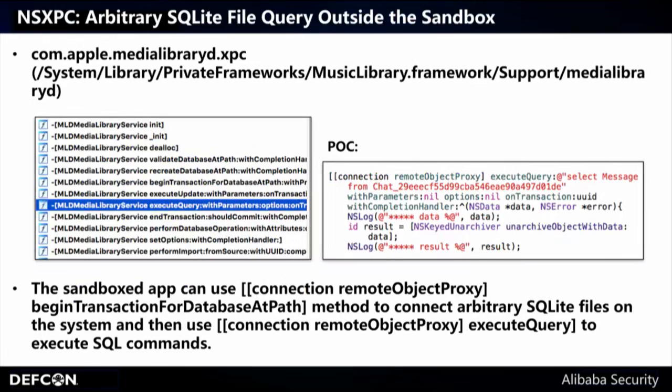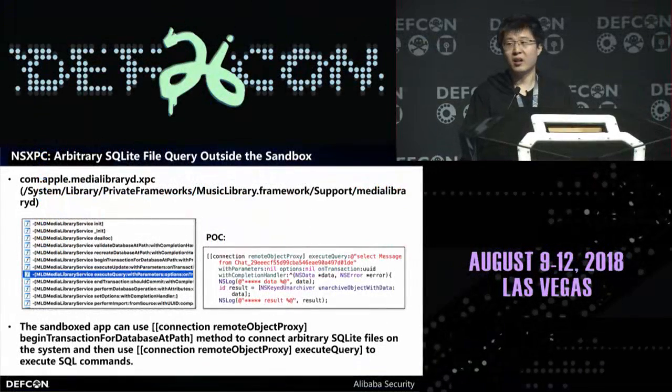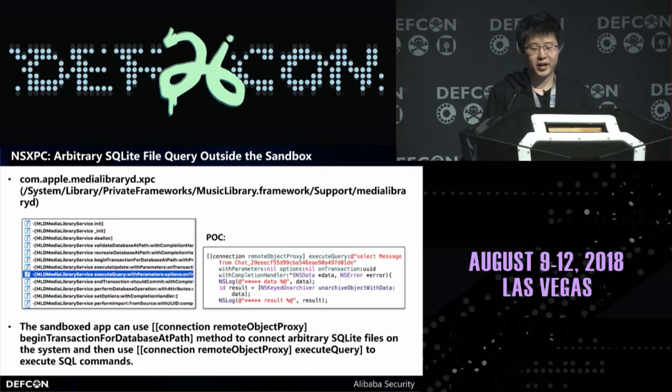The second vulnerability is in Media Library D, NSXPC. It can be exploited to read, write, and query arbitrary SQLite files outside the sandbox. Since the remote object of the service has mobile privilege and it does not check the input path of the SQLite file, an attacker can achieve an arbitrary query of the files on the system.